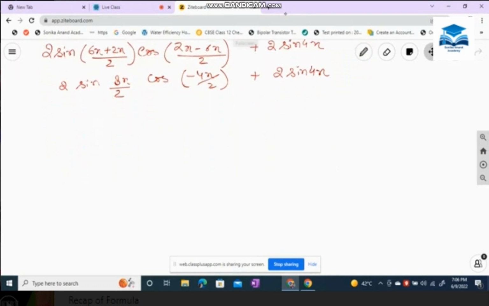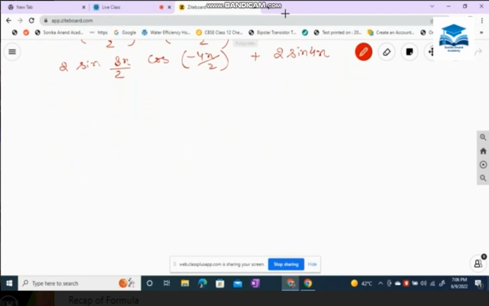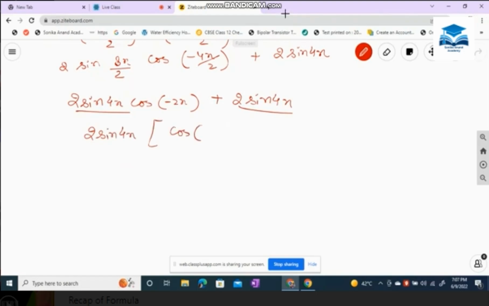Now after that it becomes 2 sin 4x cos minus 2x plus 2 sin 4x. Now you can see over here 2 sin 4x is the same in both cases. So we can take out the common 2 sin 4x and we get cos of minus 2x plus 1.